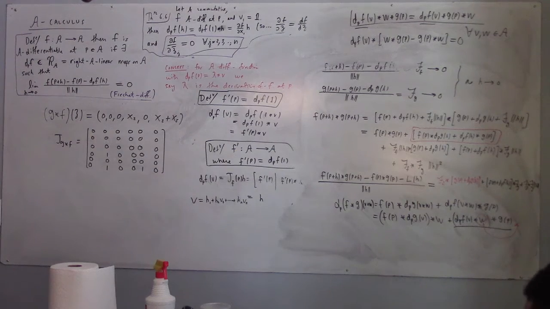I say it's 0 if it's either 0 or a unit, and it's 1 if it's a non-zero zero divisor. In this case, the difference quotient is straight up 0 for all zeta in the units. So it is D2 differentiable over A, and also at P equals 0.